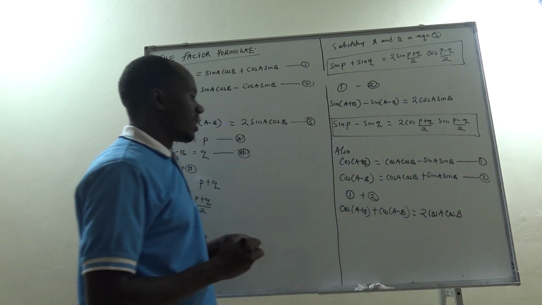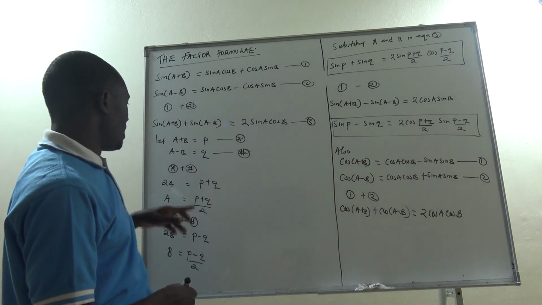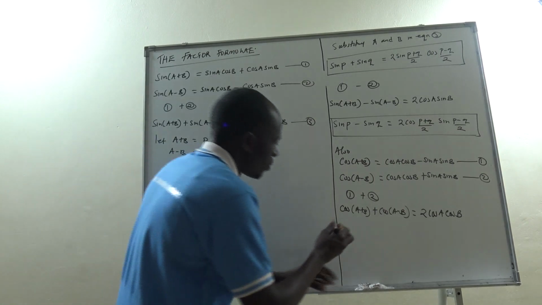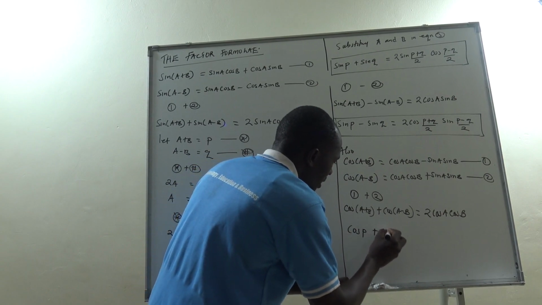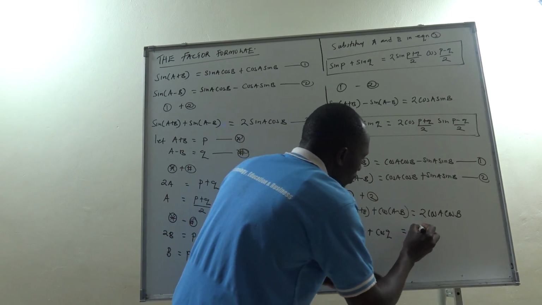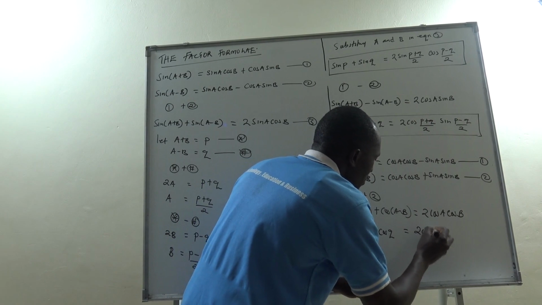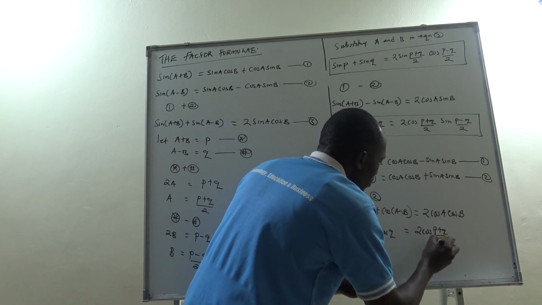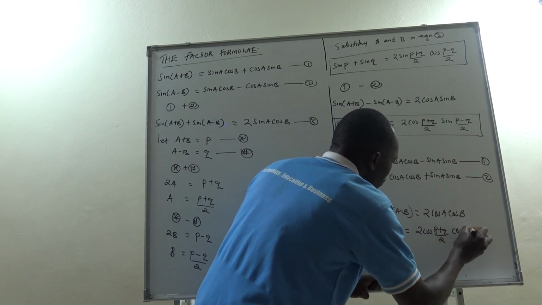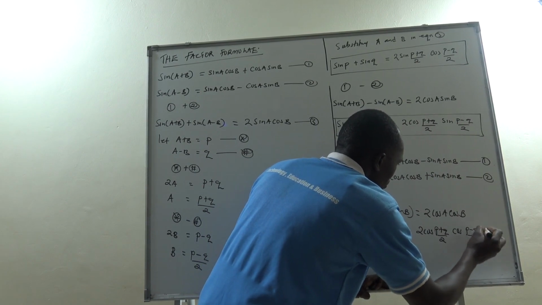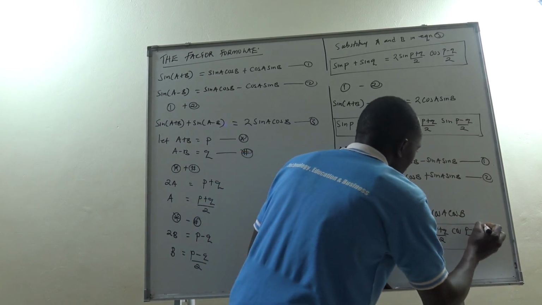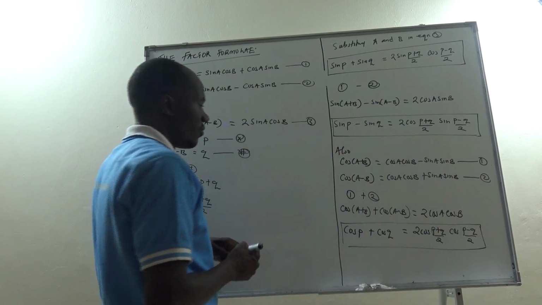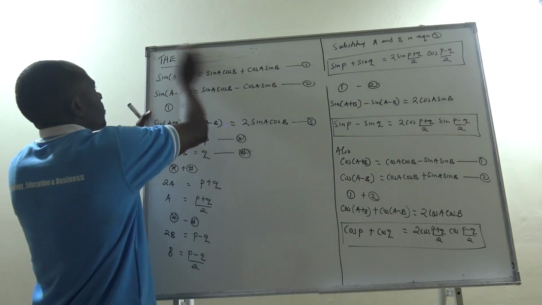But we know a plus b is already p, and a minus b is q. So we get cos p plus cos q equals 2 cos of (p + q) out of 2 cos of (p - q) out of 2. This is also another factor formula for cos plus cos.